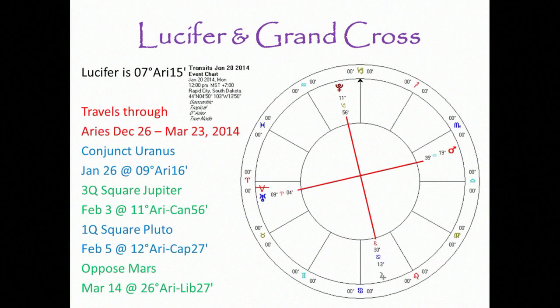Lucifer moving over Uranus over the next week or two, we could see all kinds of upsets in the world with countries being selfish with each other, or Uranus being sudden upsets. Uranus ruling all kinds of mental, electrical things, being in Aries actually ruling fire and things burning up.